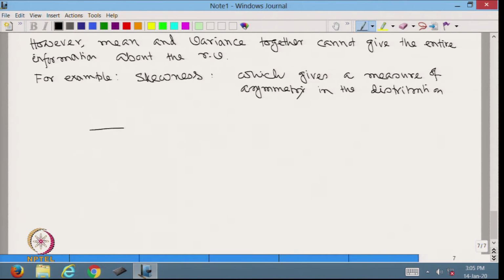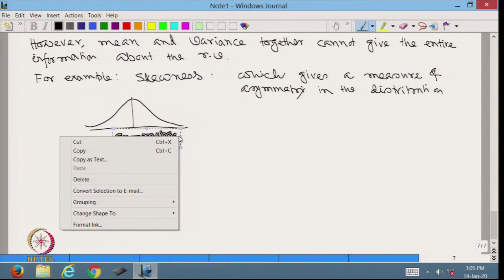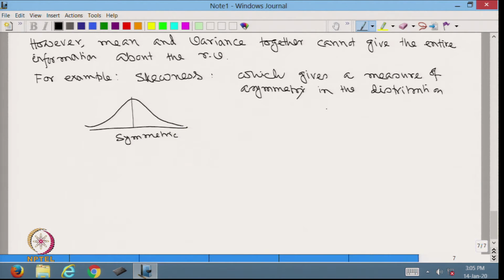Say, for example, a normal 0, 1 distribution is symmetric around its mean, therefore its skewness is 0.